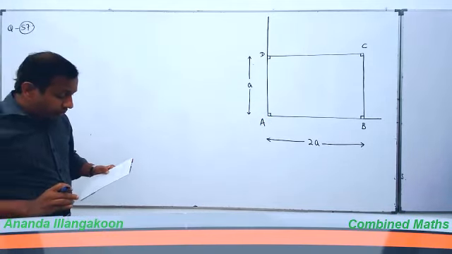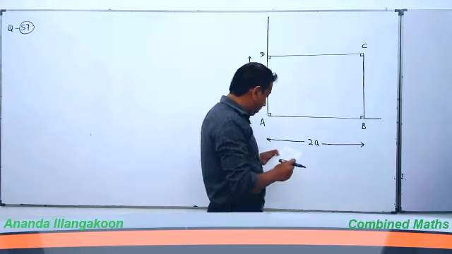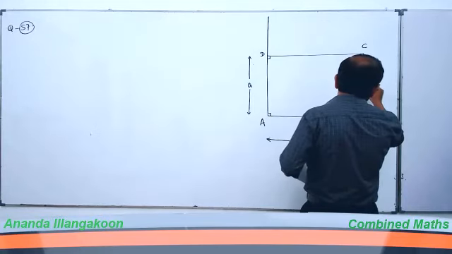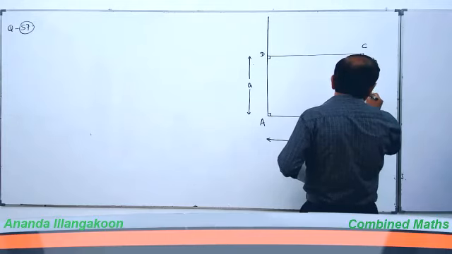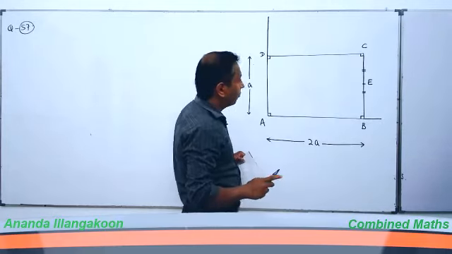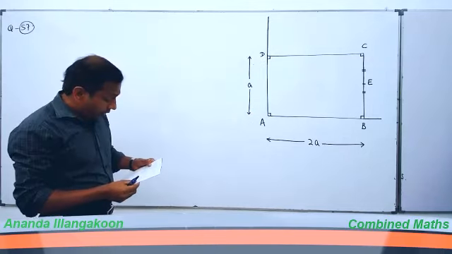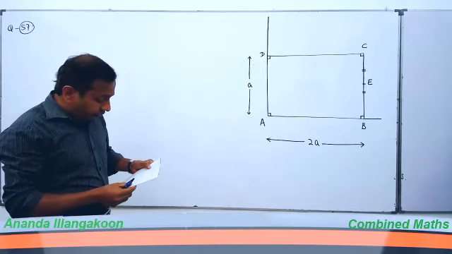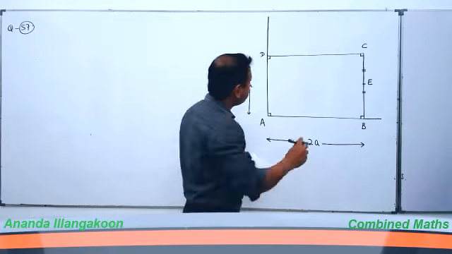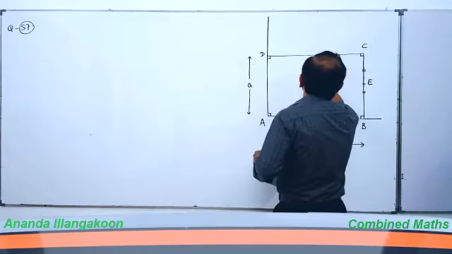The midpoint of BC and CD: midpoint of BC is E. Midpoint means E bisects this BC. And if F is the midpoint of CD, F is here, the midpoint.